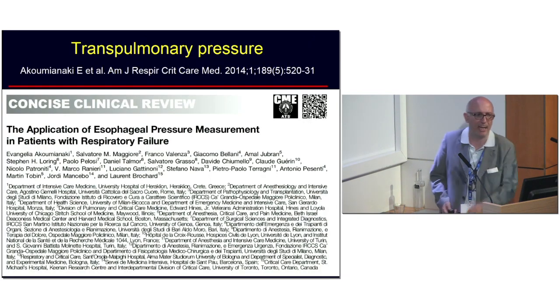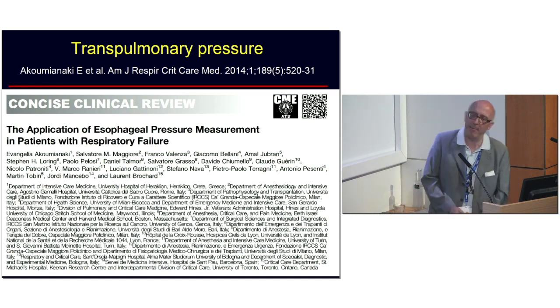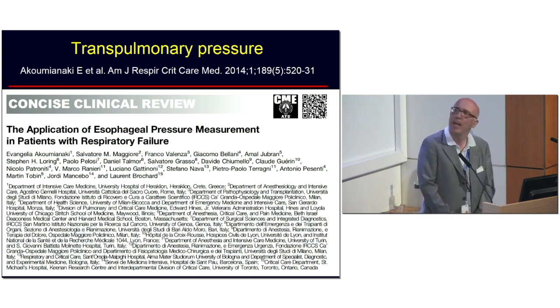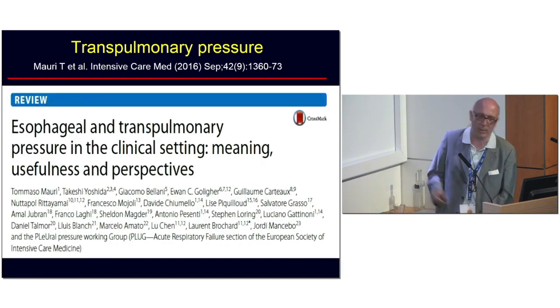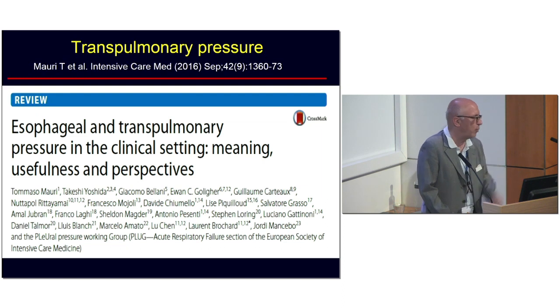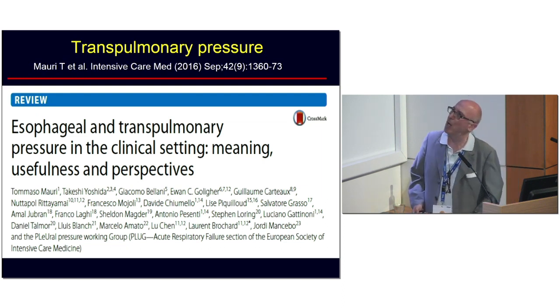So, two big reviews, a nice review that I suggest you. This is the first we published in 2014, and then there is another one by Maury published in 2016. So for those of you who want to have more information, I think these are two landmark reviews on this topic.